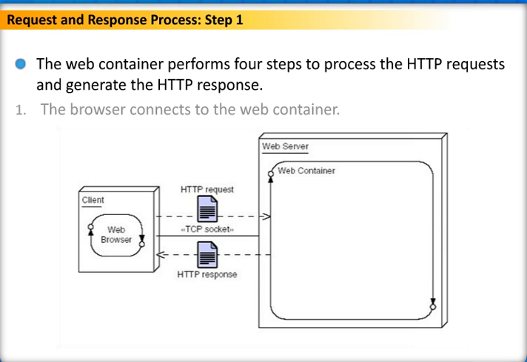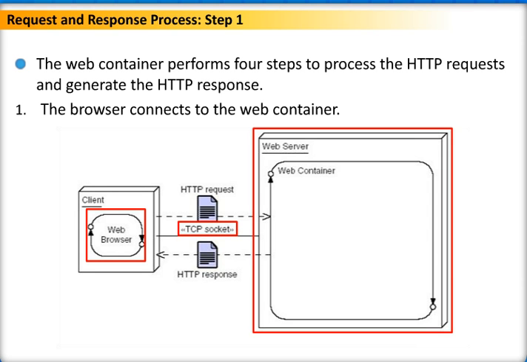The first step is the web browser connects to the web container. As shown in the figure, the browser initiates an HTTP request by opening a TCP socket with our web server. The input stream of the socket contains the HTTP request data. The output stream of the socket contains the HTTP response data.